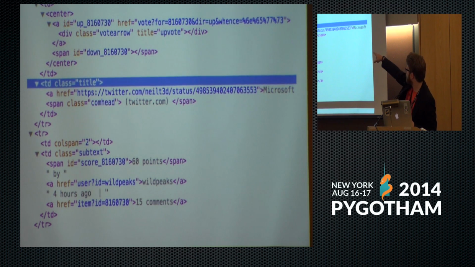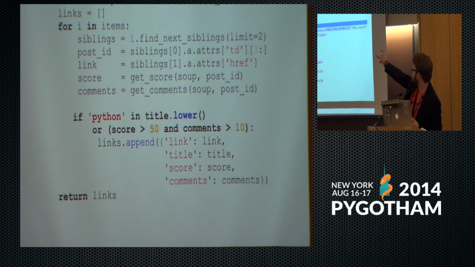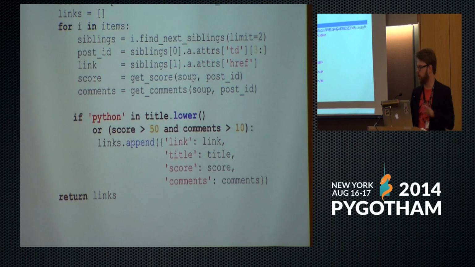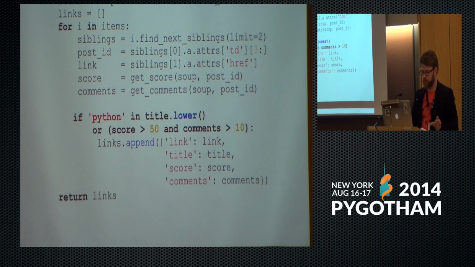Do you see, right under center, there's this ID equals up, and then this string. I'm going to look for that. Not in that particular spot, but this is all around, and I'm going to use this for the key.